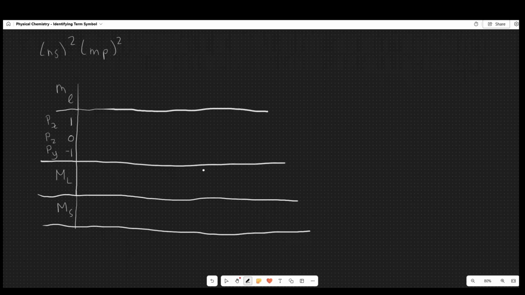The point here is that I'm going to draw out all the possibilities that we can have for 2 electrons in the p orbitals. So we can have both of them being up, and then we have the opposite, inverted kind of.